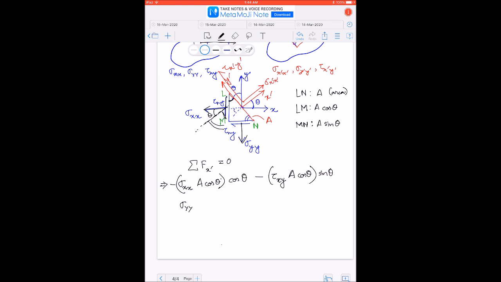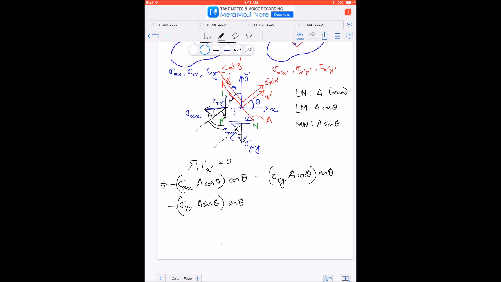MN has the area A sine theta, as you can see here. Now this force is acting along the minus y direction, and we have to take the component of it parallel to x dash. This angle is again 90 degrees minus theta, so this is cos of 90 degrees minus theta, that is a sine theta, and because it is acting along the negative x direction, there should be a minus here.